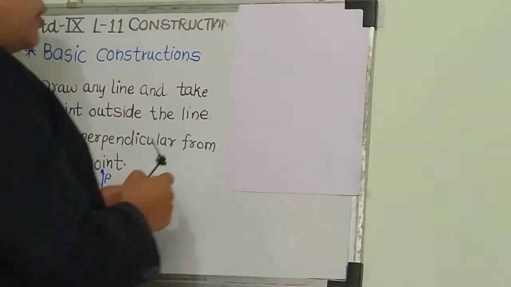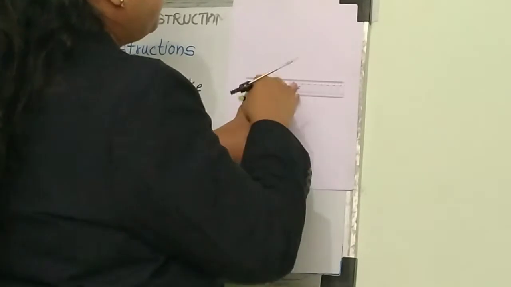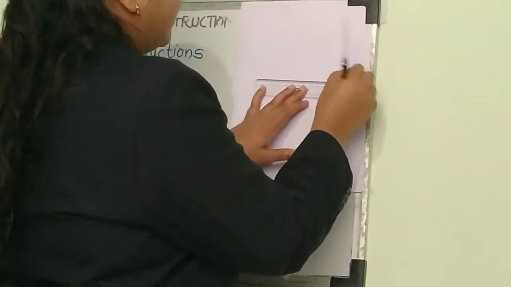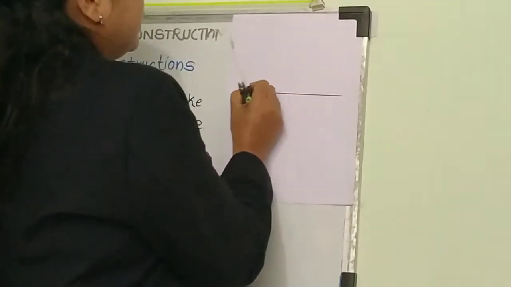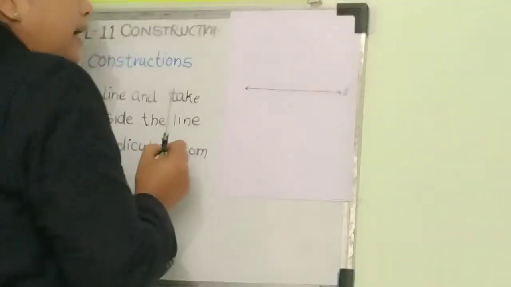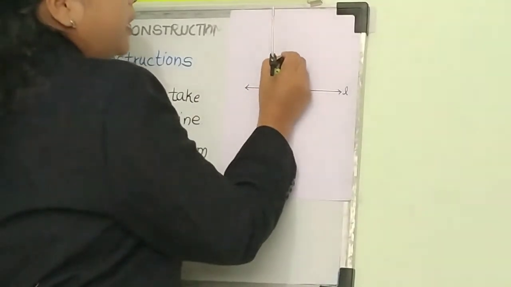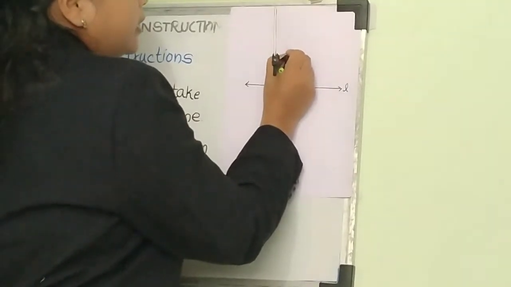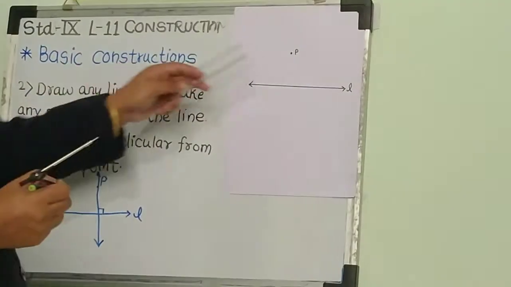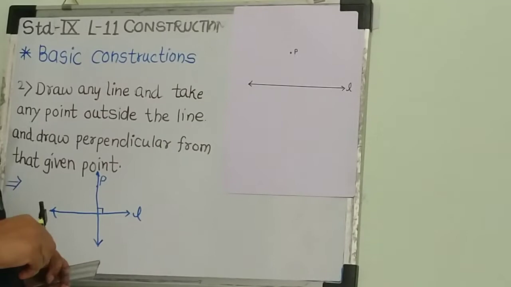First we have to draw any line L. Then we have to take any point P outside the line. Here I am plotting the point P which is outside of the given line.